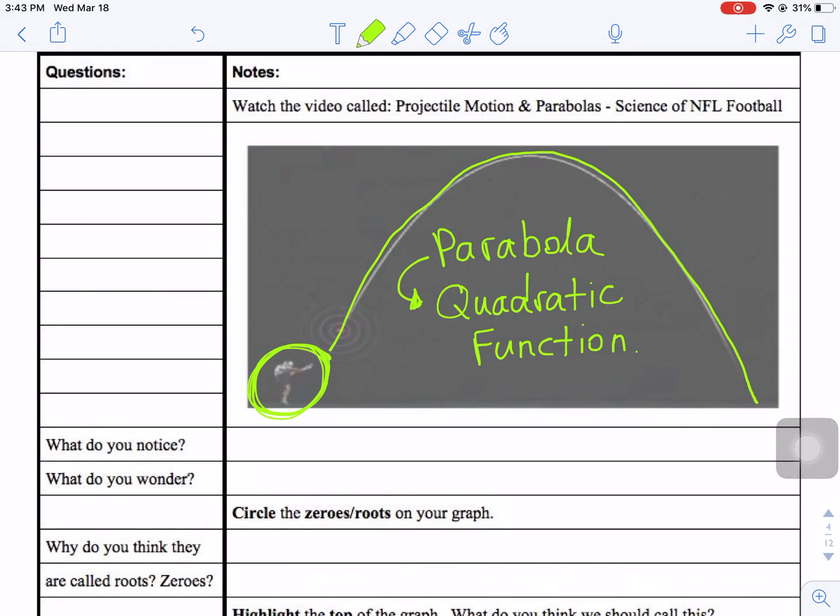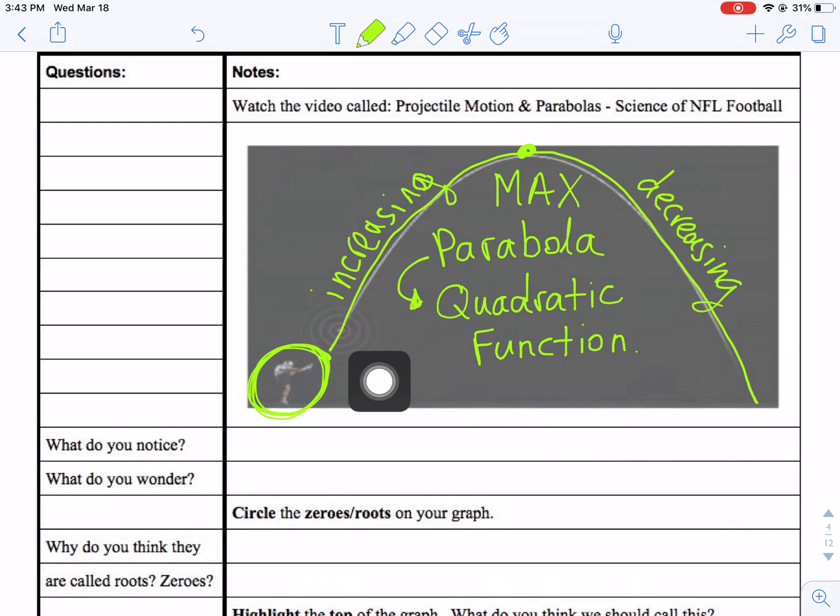If you notice this shape of the ball, it started by increasing. It reached a maximum point, and then it began decreasing back towards the ground. So increasing up to a maximum point, and then decreasing back down.